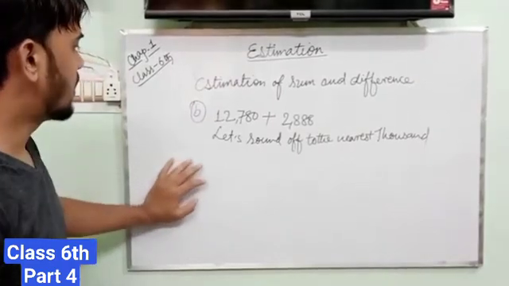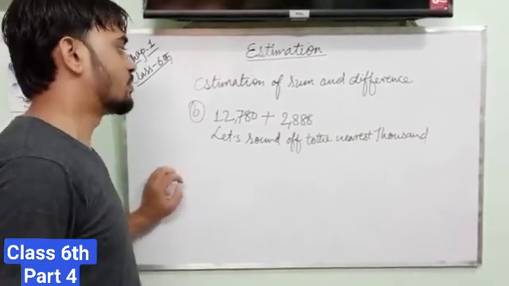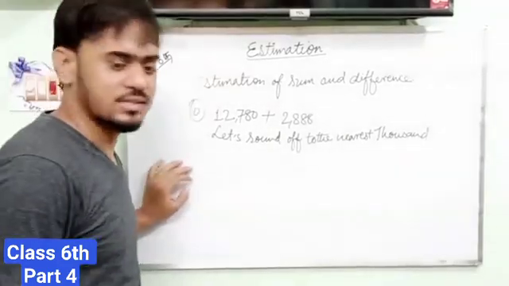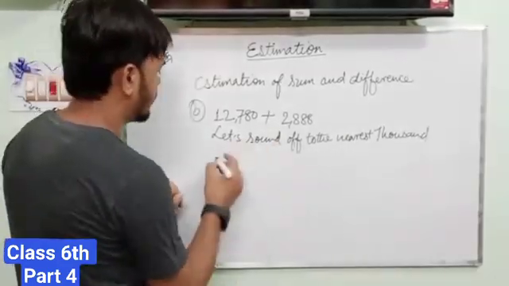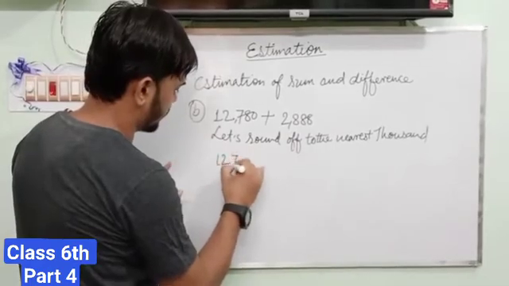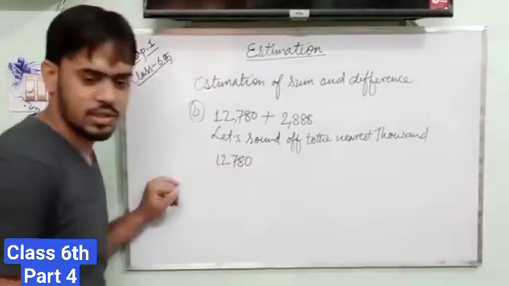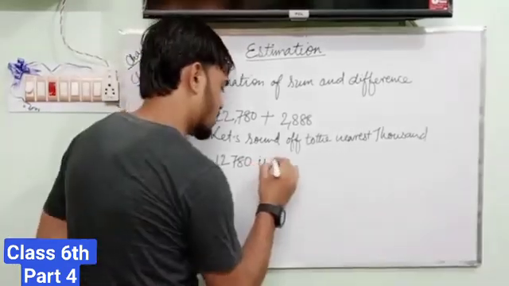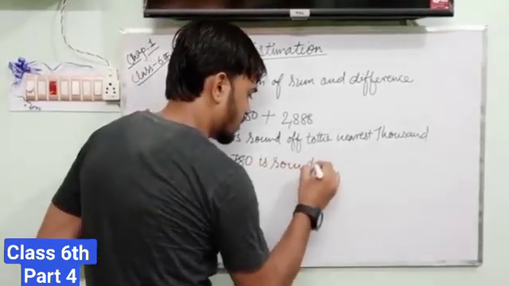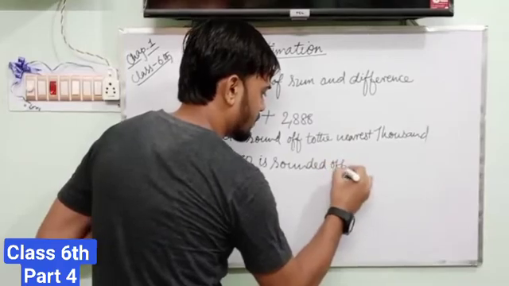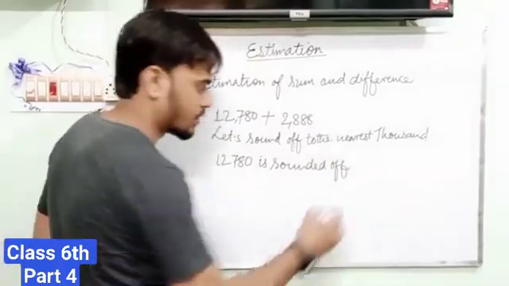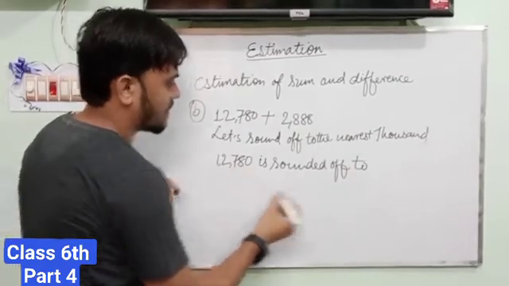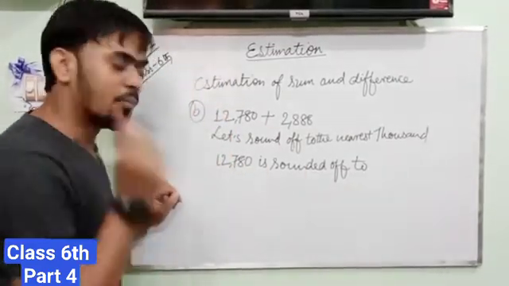First, we know that to round off to the nearest 1000, we have to examine the hundreds place. So for 12,780, examine the hundreds digit, 7, which is more than 5.